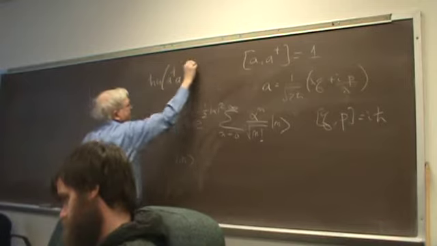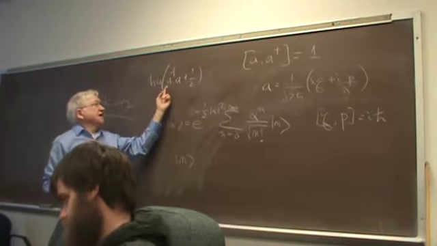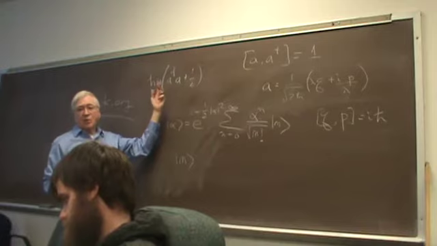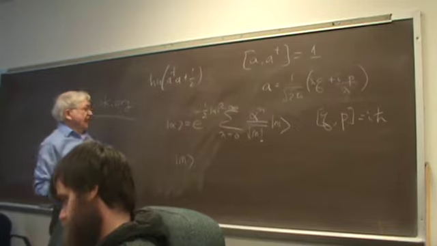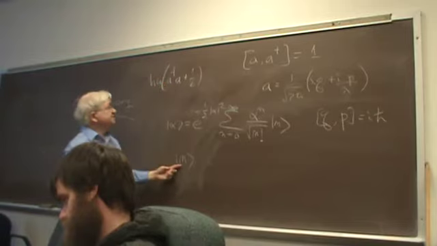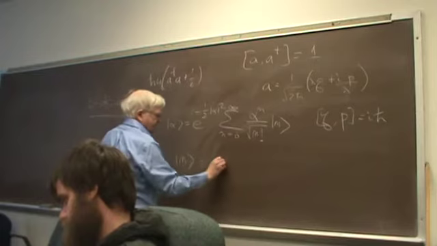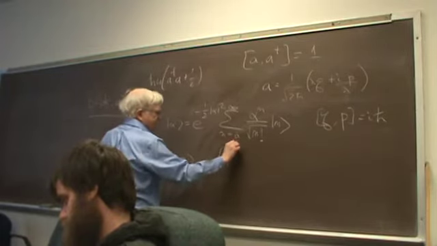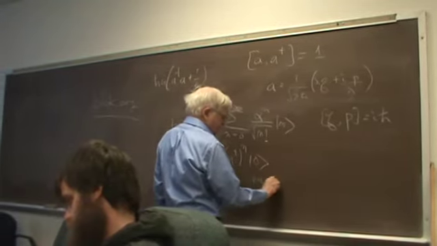I'll put in a plus 1/2, but the main thing is h bar omega a dagger a. And the eigenvalues of a dagger a are 0, 1, 2, 3. They're the natural numbers. And so n is that eigenvalue. And this state is a dagger raised to the n on the state 0, which is called the vacuum state or the ground state.